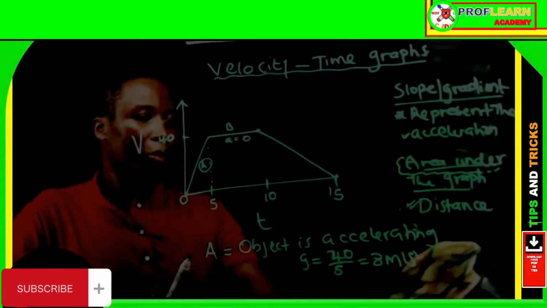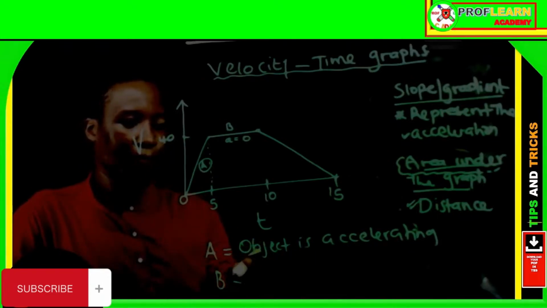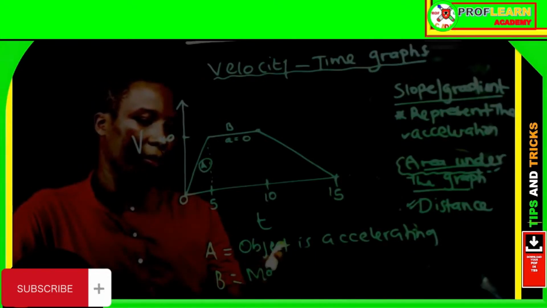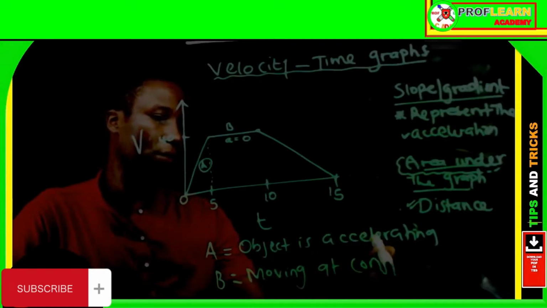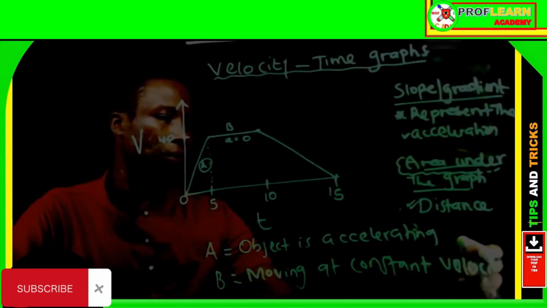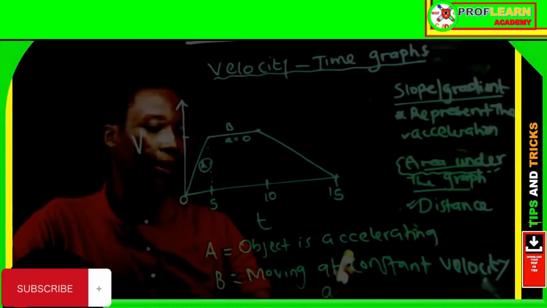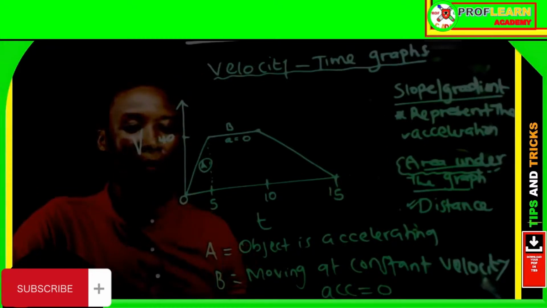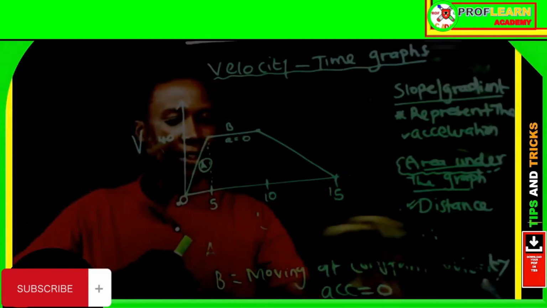Then if we are talking of the region B, the object is moving at a constant velocity. So acceleration equals 0 in this region. So that's also another thing that you ought really to know.